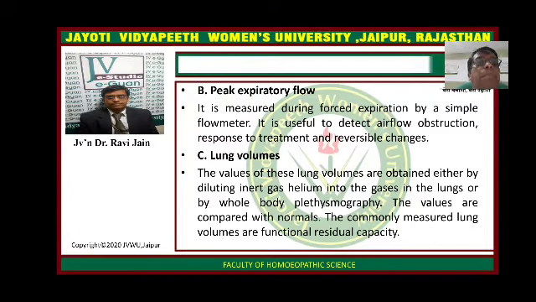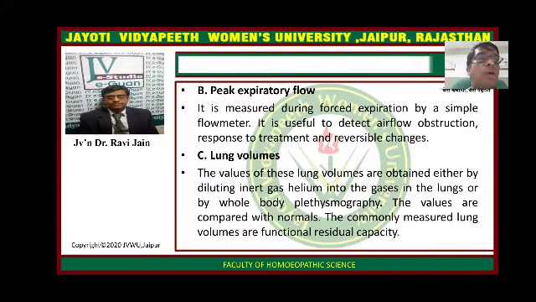Next, we have peak expiratory flow. Peak expiratory flow is measured during forced expiration by a simple flow meter. It is useful to detect airflow obstruction, response to treatment, and reversible changes. Third is the lung volumes.